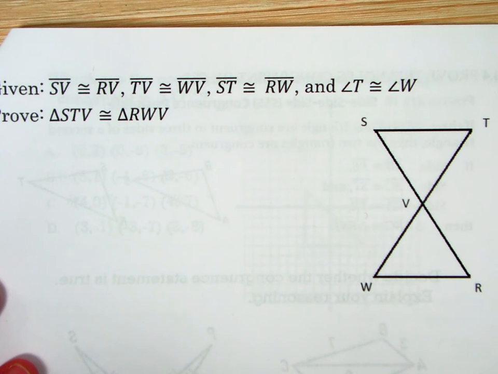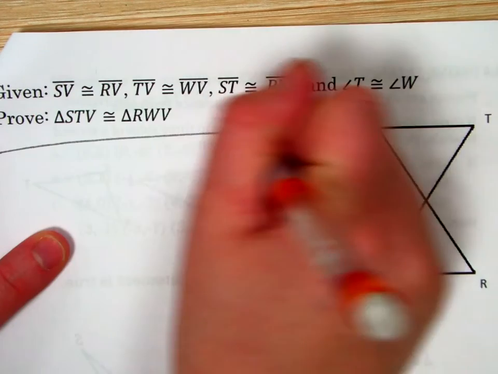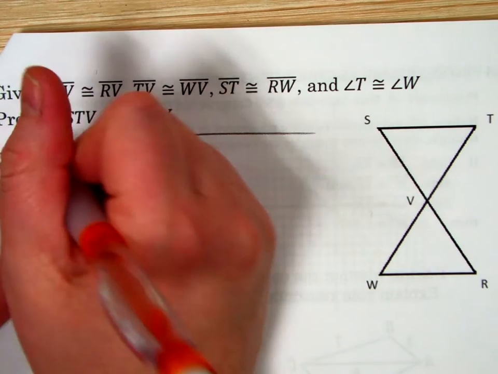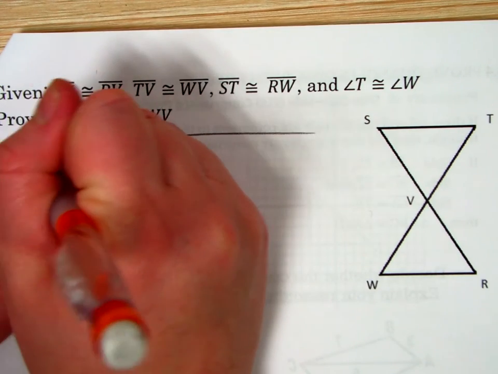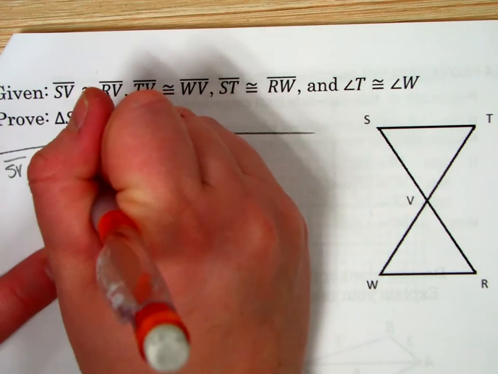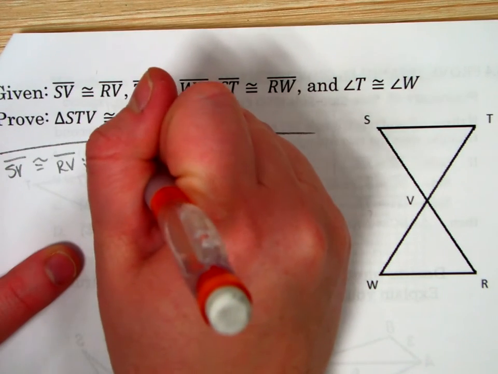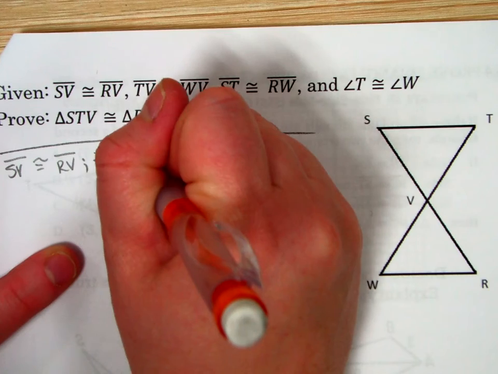So what we would like to do is talk about some wonderful things. We have a given statement. So a given statement is going to be my first thing. So I have segment SV is congruent to segment RV. I have segment TV is congruent to segment WV.